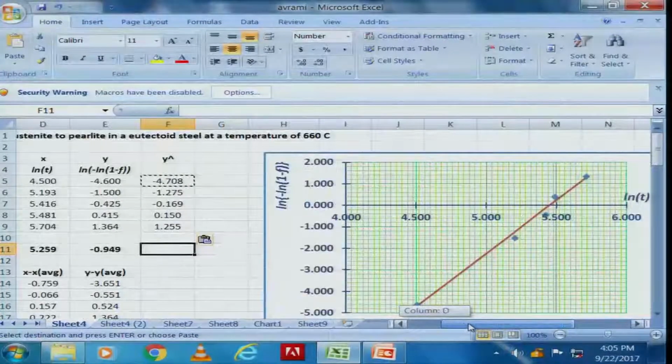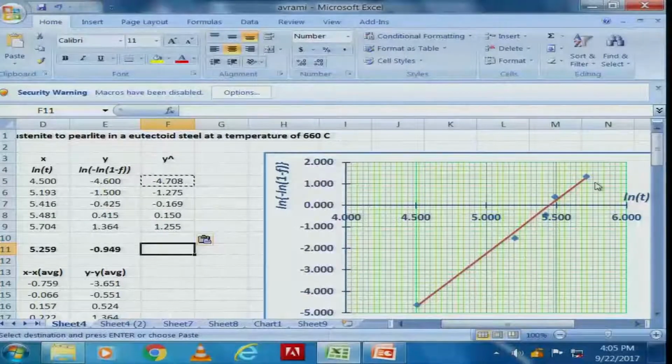On the right hand side, you can see the graph has been plotted with a straight line passing through these points. This line is considered the best fit line obtained from this least square technique or the linear regression technique.